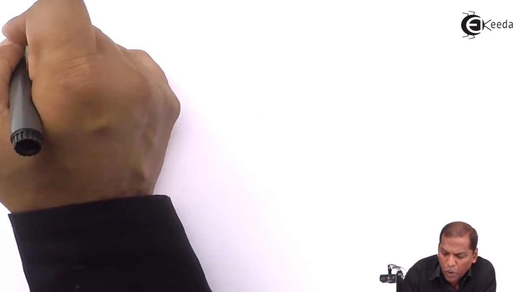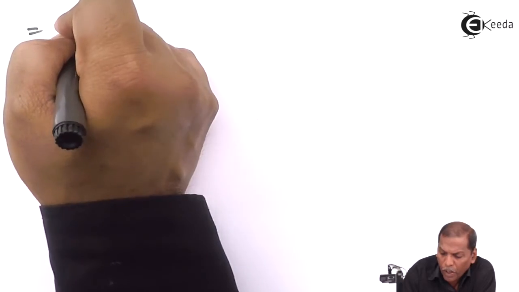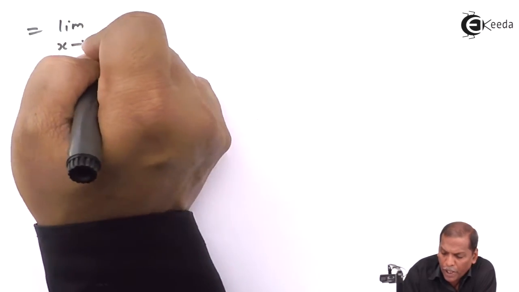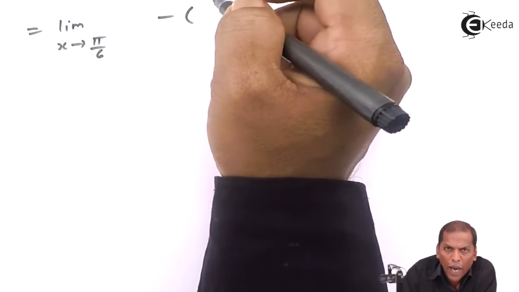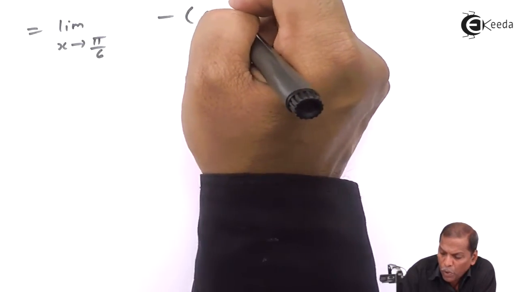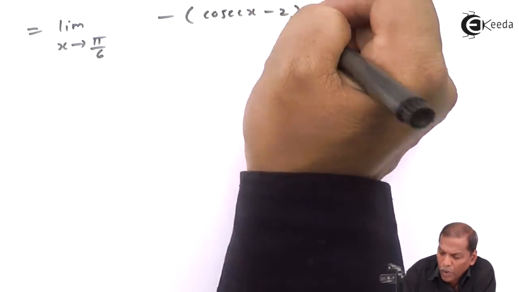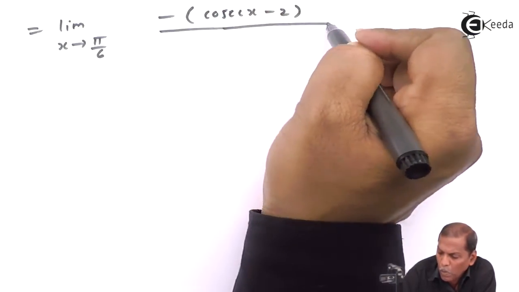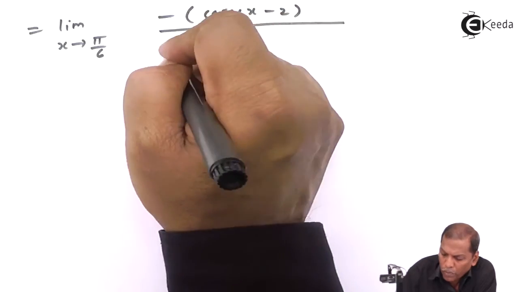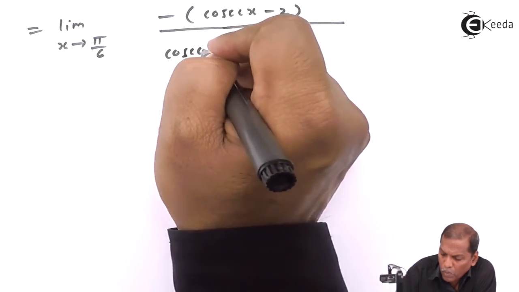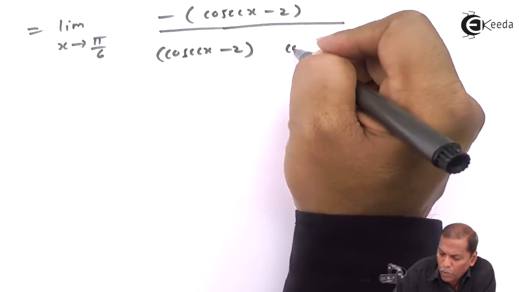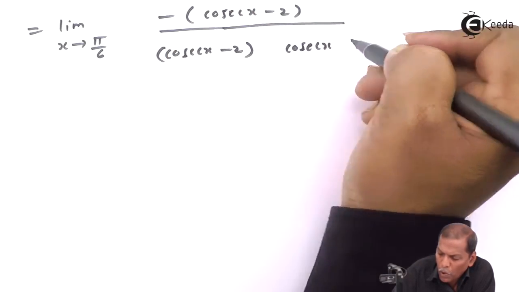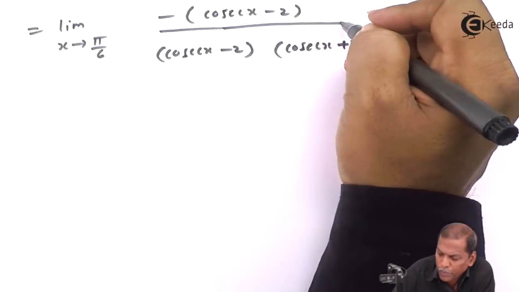Now from the numerator we take minus sign common, so the next step will be: limit x tends to pi by 6, minus (cosec x minus 2) upon (cosec x minus 2) into (cosec x plus 2).